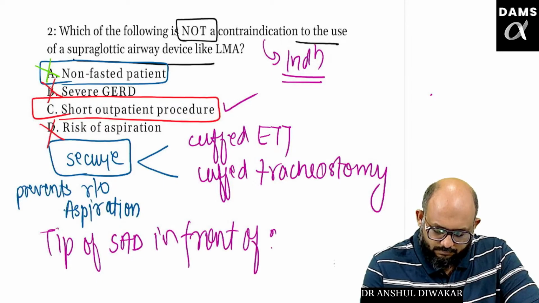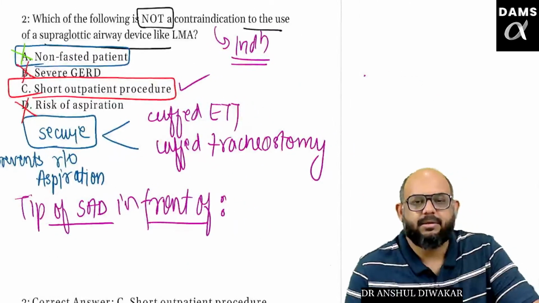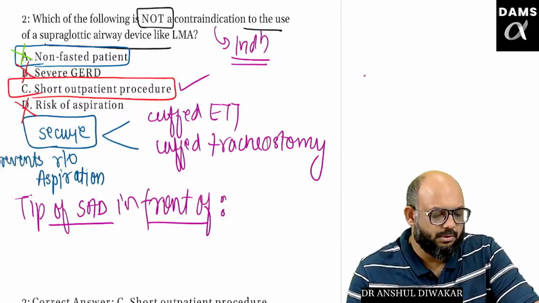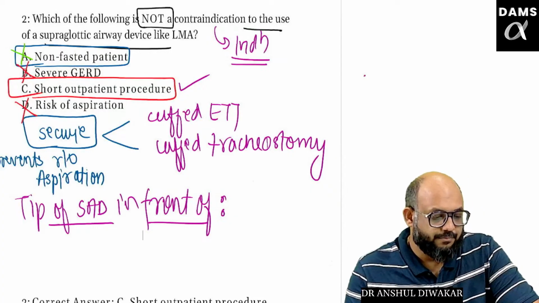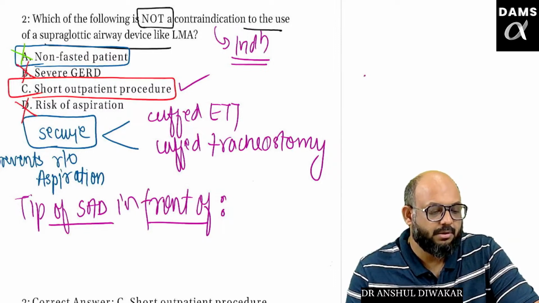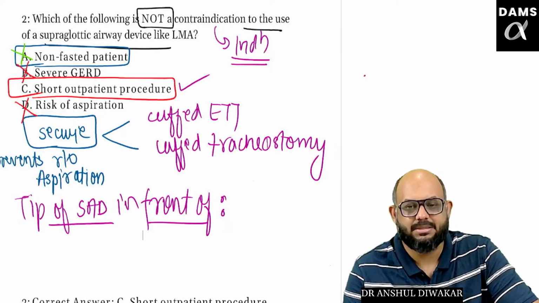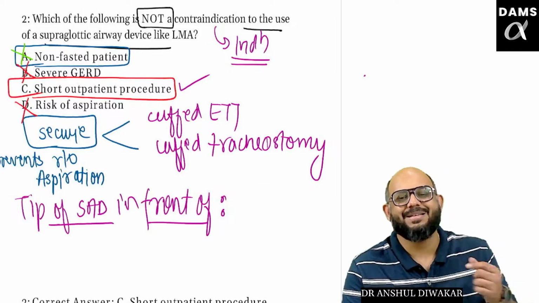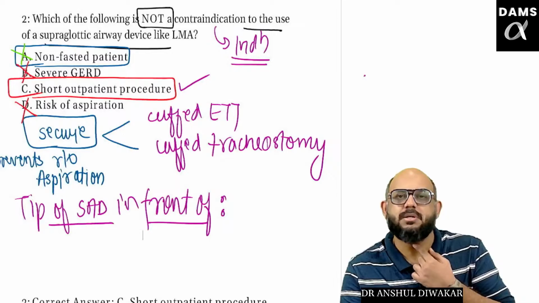Tip of SAD in front of... Yeah, very good. Cuff pressure 60 centimeters of water. Tip of LMA, tip of SAD in front of C6. Very good. Where is C6? C6 is here. Cricoid cartilage, isn't it?